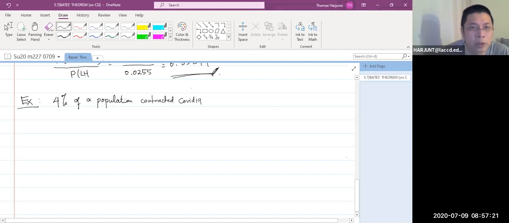Again, this number is hypothetical. Okay, now a new rapid, cheaper test is being put on trial.